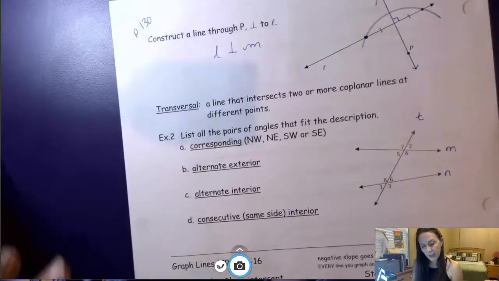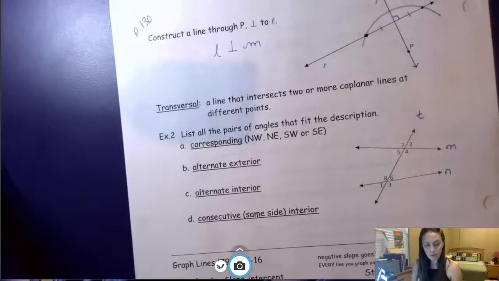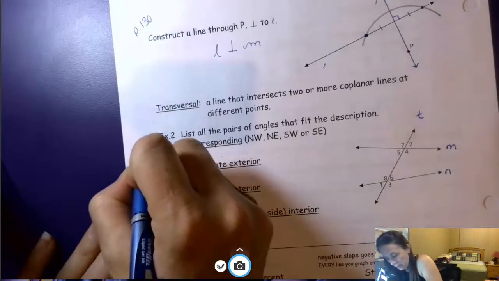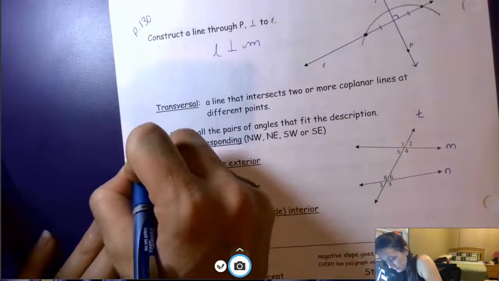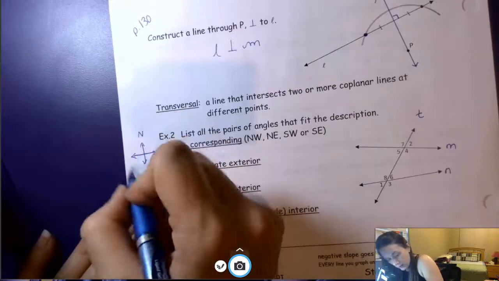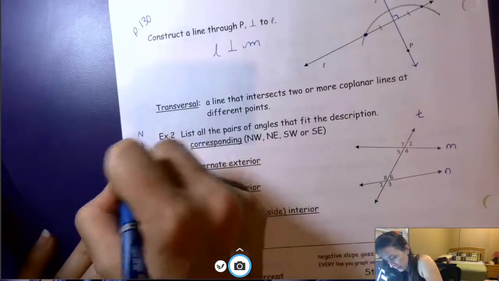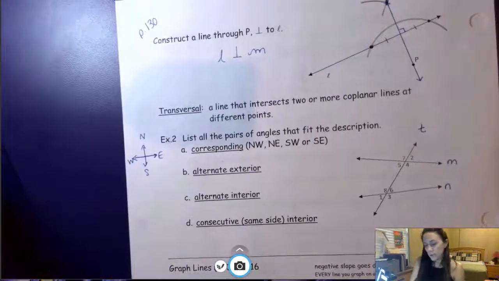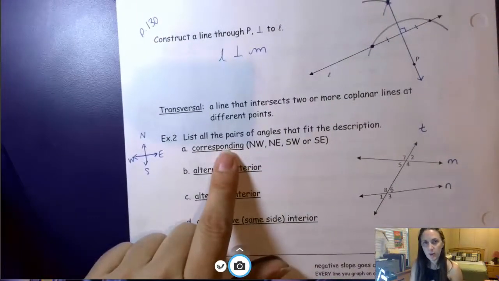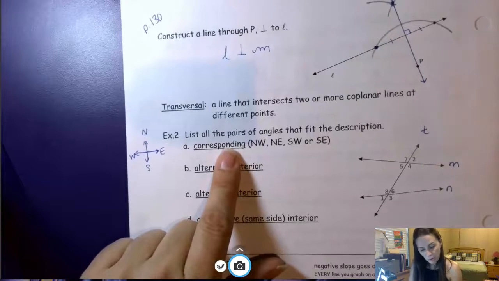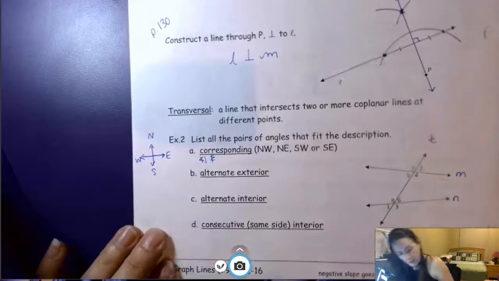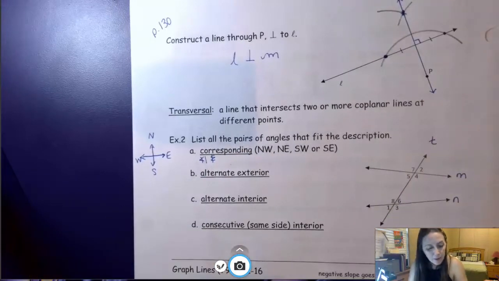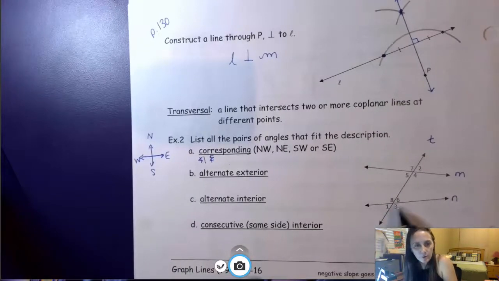Okay. I always think, how are they related to each other? I think of north, south, east, west, and draw a little north, south, east, west. Corresponding means in the same corresponding position. So if I want the angle corresponding to angle 1, angle 1 is down here. Now I don't care about vertical and linear.